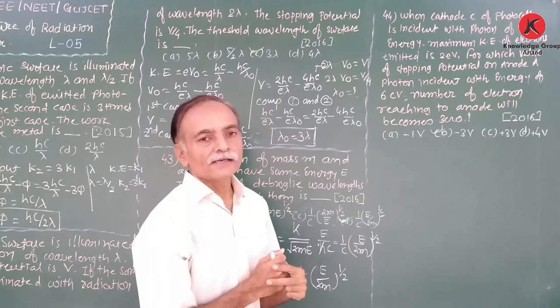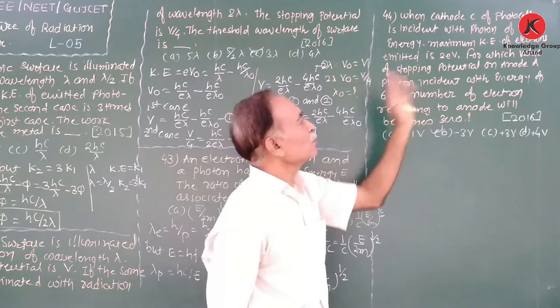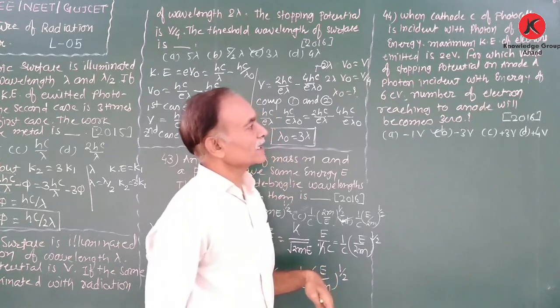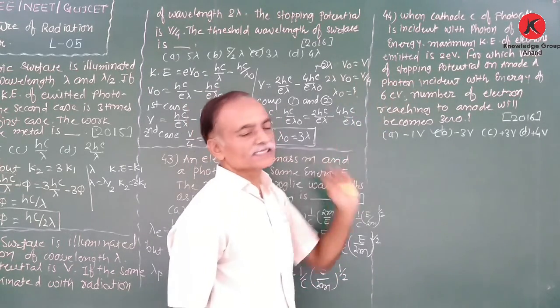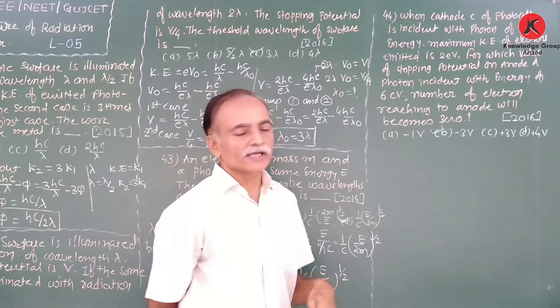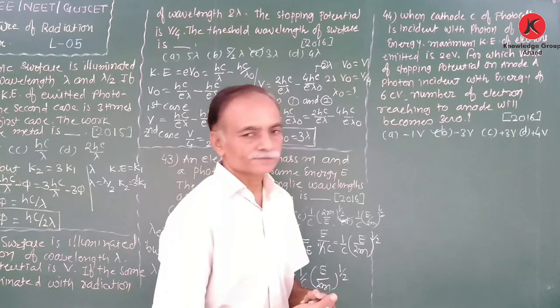At that time, the maximum kinetic energy of the electrons emitted is 2 eV. For which value of stopping potential on anode A, the photon incident with energy of 6 electron volt, number of the electron reaching to anode will become 0.